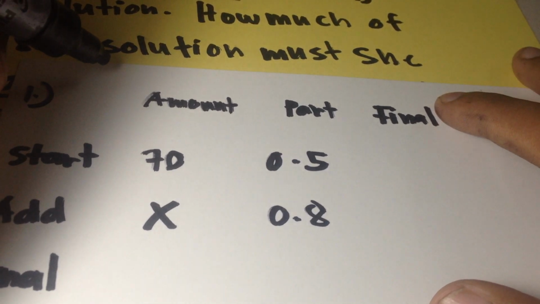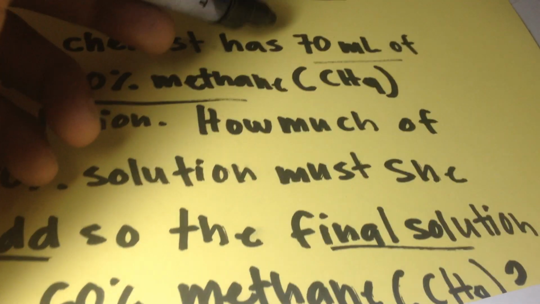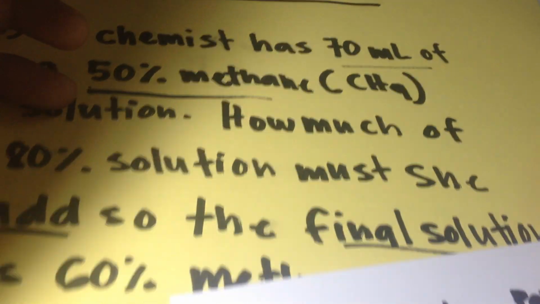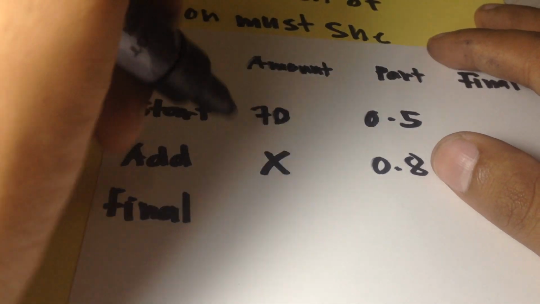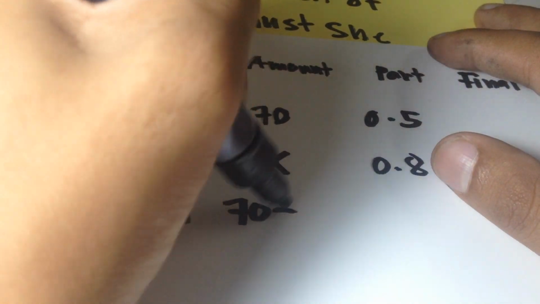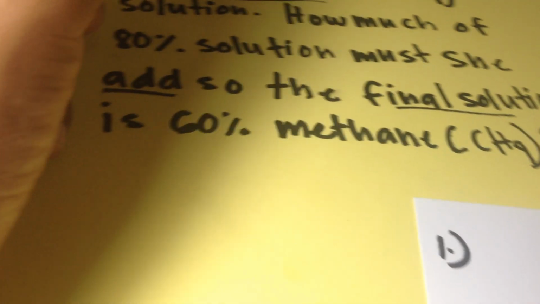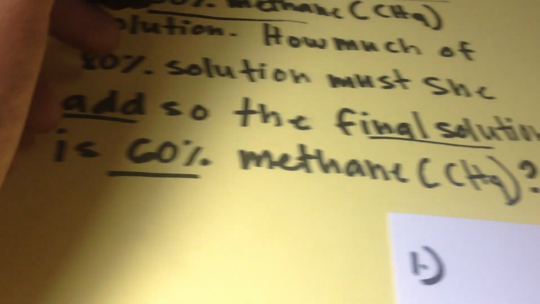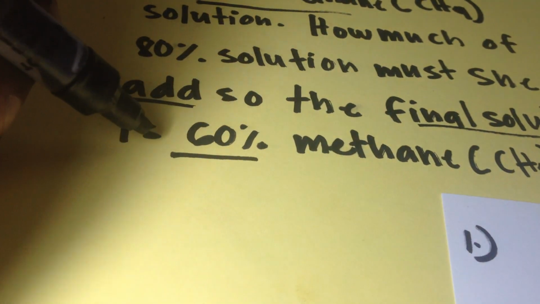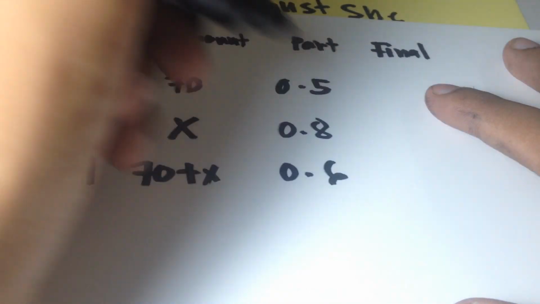Then the final is the start plus x, so let's write 70 plus x. We write the final solution of 60% as 0.6 here.